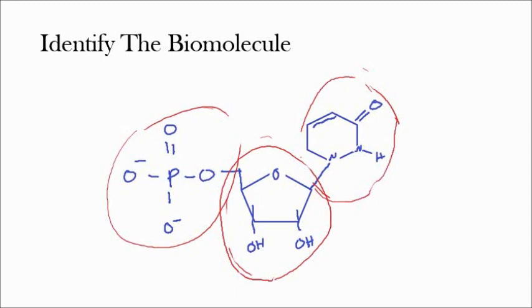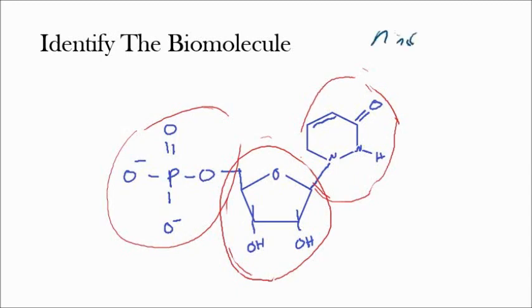You have some sort of sugar, some sort of ring structure here, and then this other thing that has these nitrogens on it. So because it has that nitrogen, you know it can't be a lipid, it can't be a carbohydrate. You don't see any of the normal things that you'll see with a protein. You don't have that nitrogen and the oxygen and the carbon next to each other. So it's actually a nucleic acid.